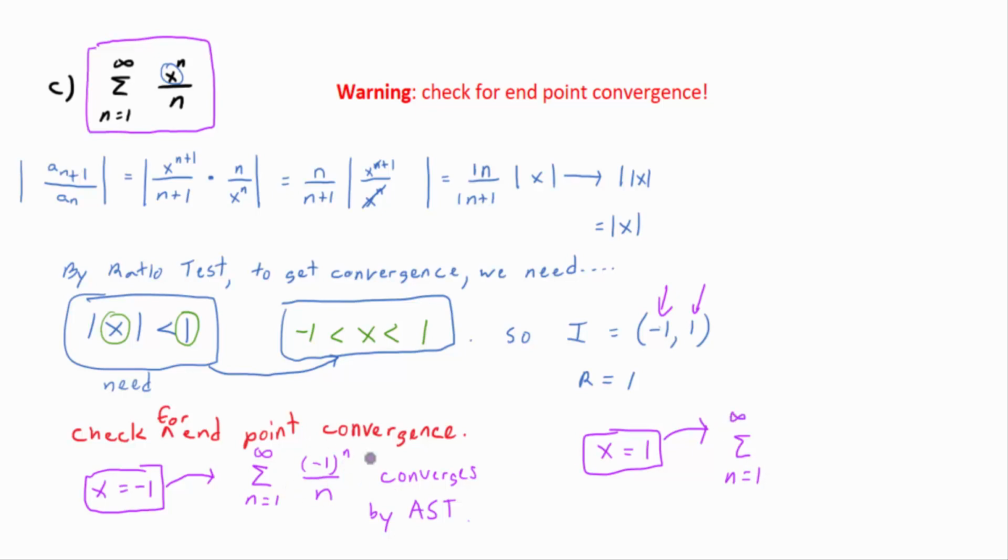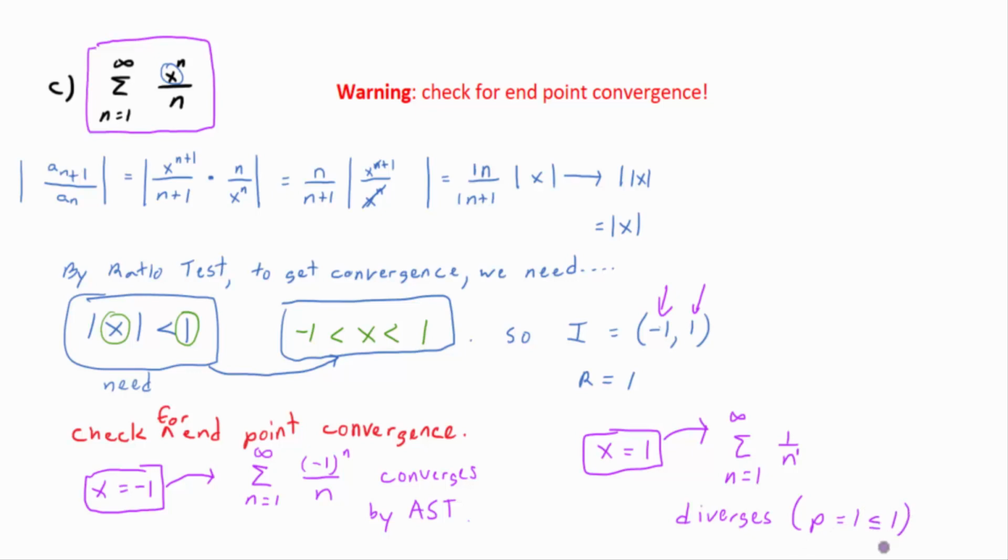The first one was the alternating harmonic series, and the sum of 1 over n is just called the harmonic series, but it's also known as a p-series. And what does this p-series do? It diverges, and it's so quick, I'll put in the explanation on this one. What does p equal? That exponent of 1, right? Not the numerator, but the exponent, which is less than or equal to 1, so by the p-series test, this thing diverges.